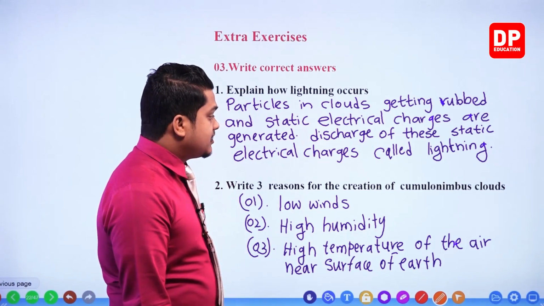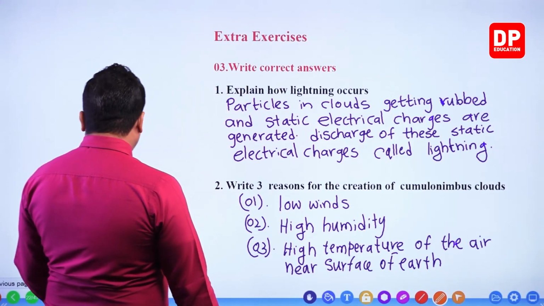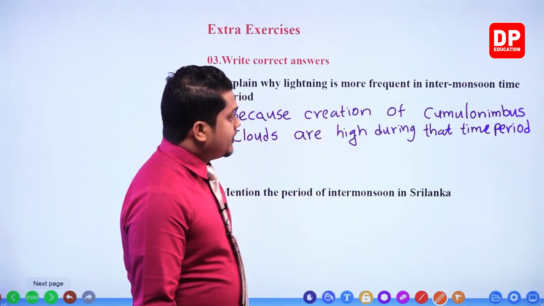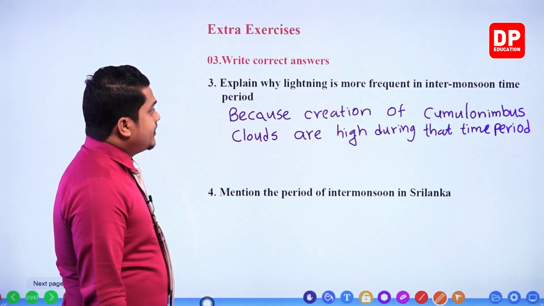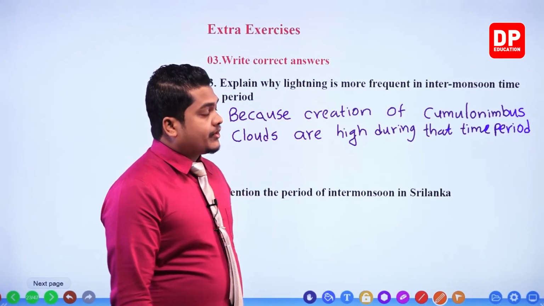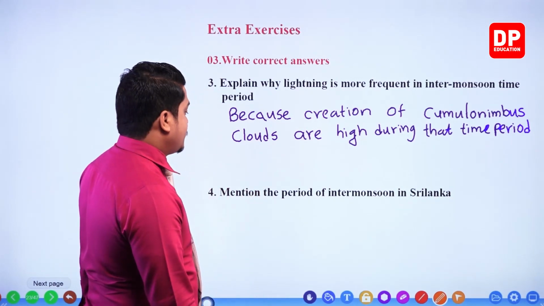These are the main reasons for the creation of cumulonimbus clouds. So, because of creation of cumulonimbus clouds, lightning occurs more frequently during the inter-monsoonal time period, my dear children. Okay, next one.